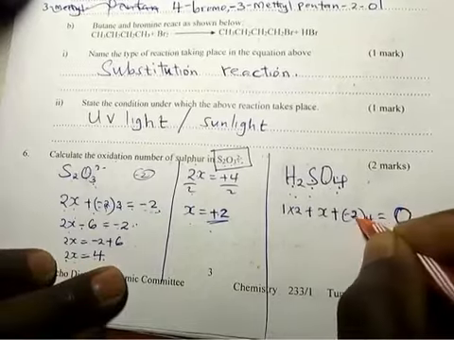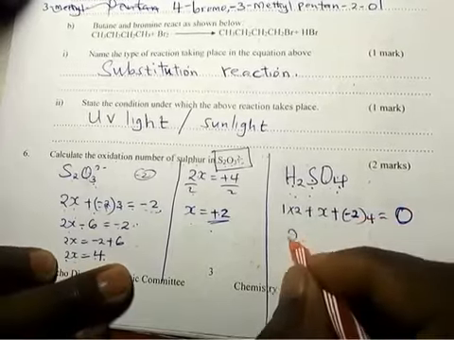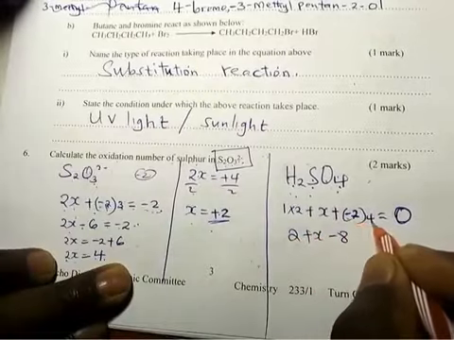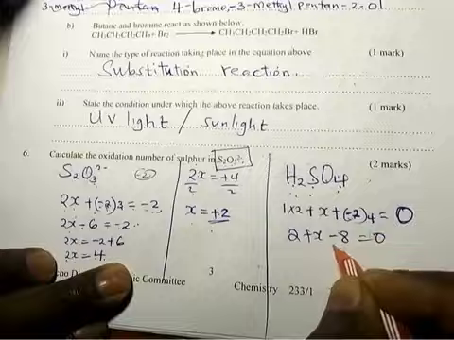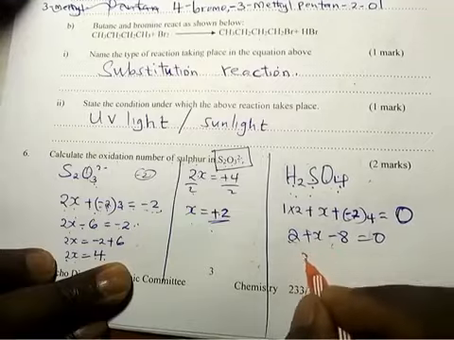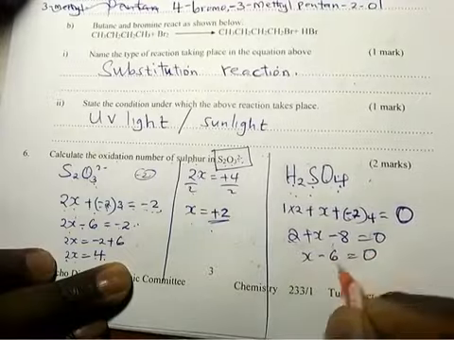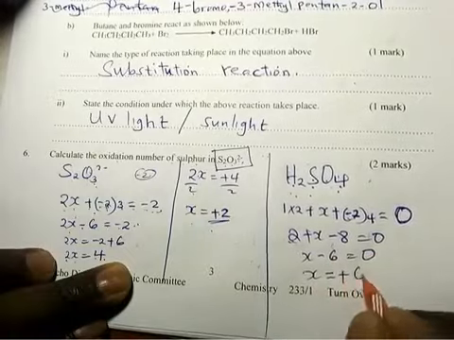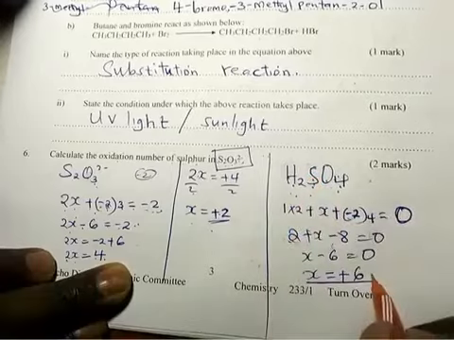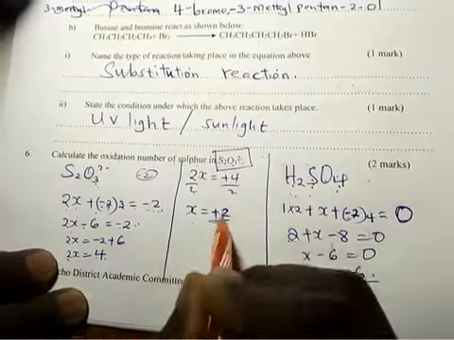Okay? That is what I wanted you to know. So it will be 2 plus x minus 8. You see? This times is -8 is equal to 0. You put like terms together, it remains x minus 6 equal to 0. So x equal to +6. So the oxidation number of sulfur here is +6, while here it is +2.